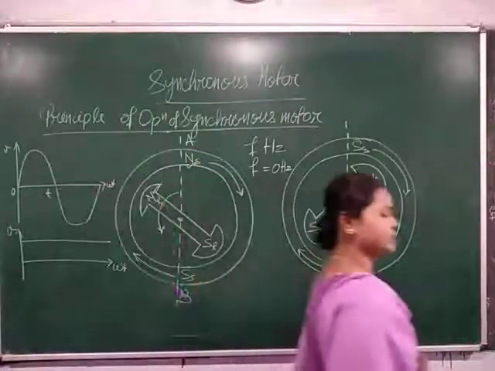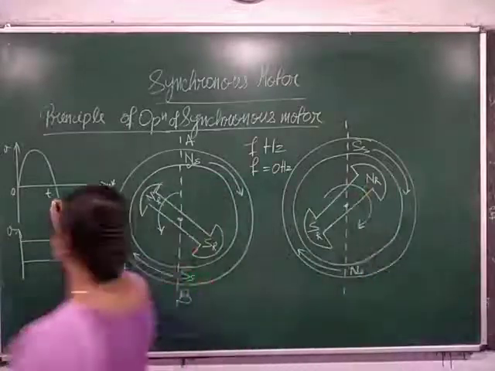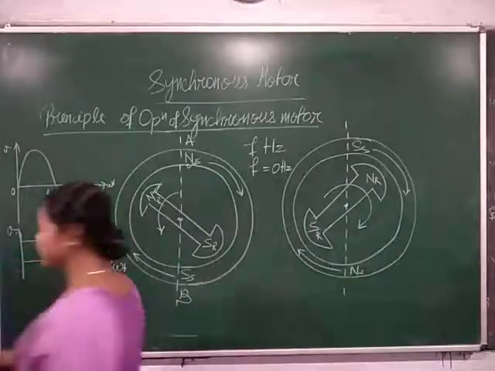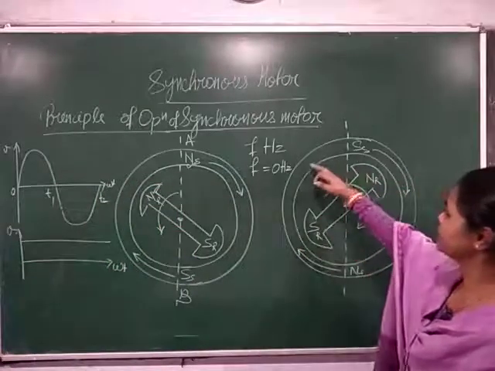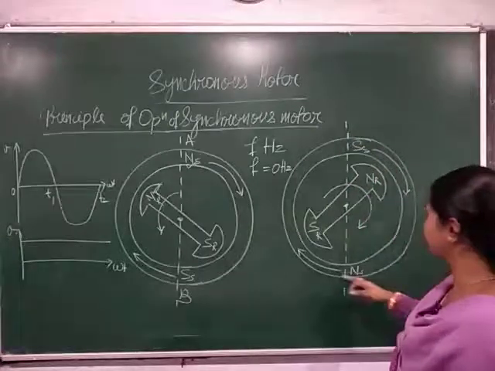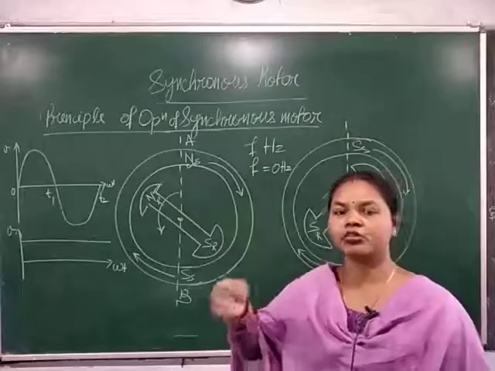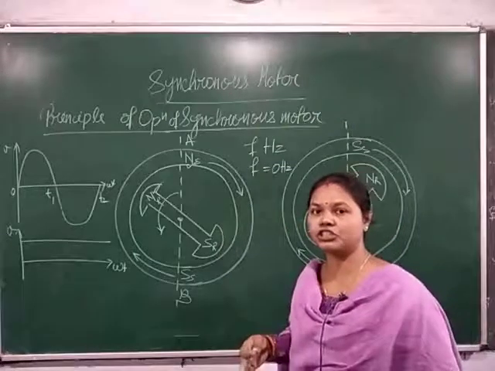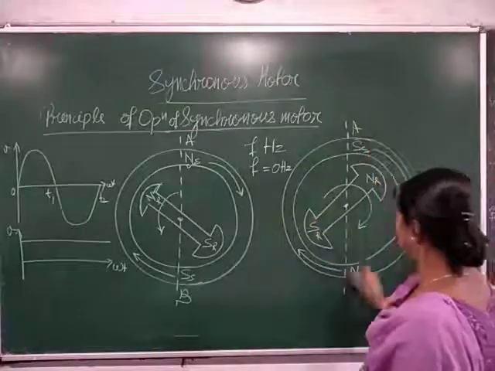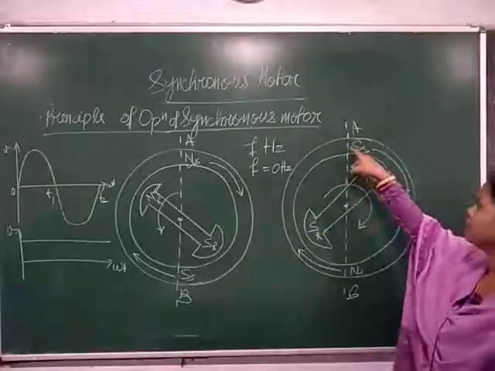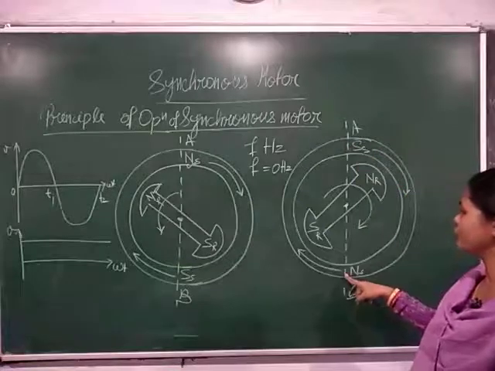Come to the second case. On the next half cycle, let T1 to T2 be the negative half cycle. On the negative half cycle, the rotating magnetic field changes its position, the stator being stationary, so that this point acts as a south pole and this one acts as a north pole.